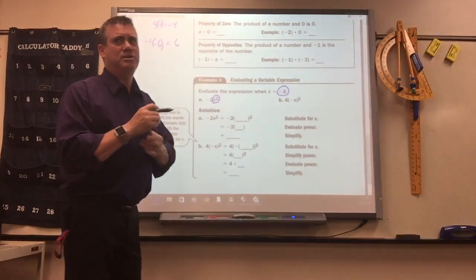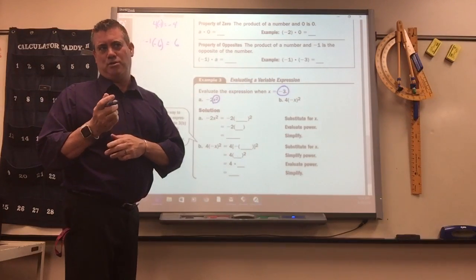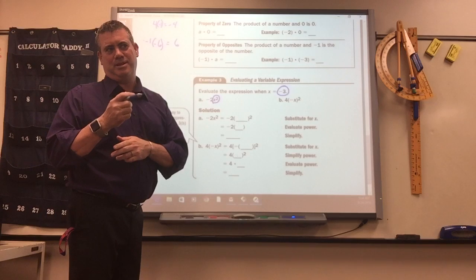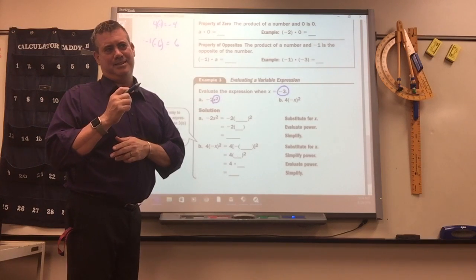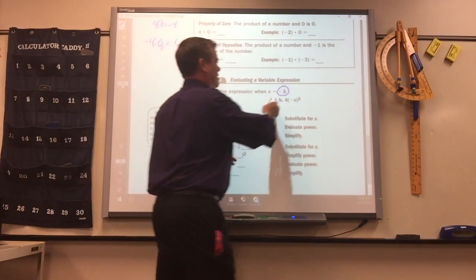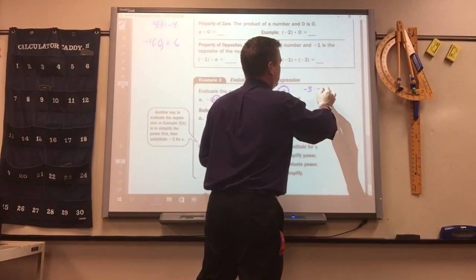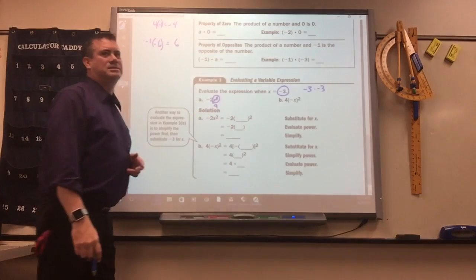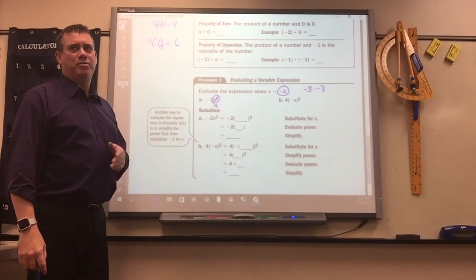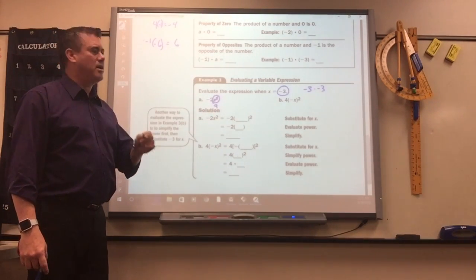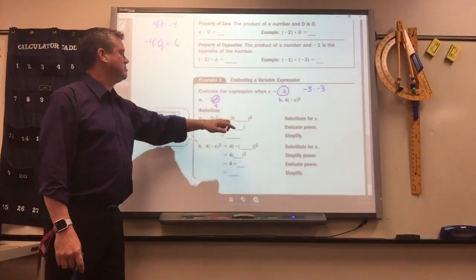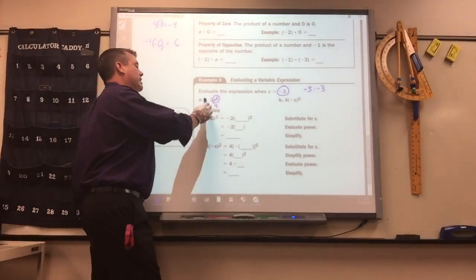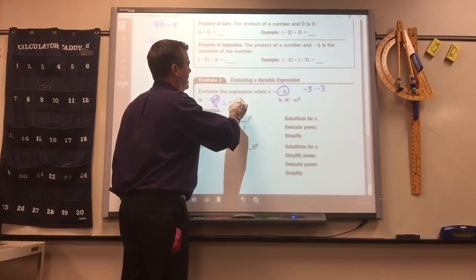So what's negative 3 squared? Negative 3 squared means negative 3 times negative 3. Positive 9. So those you might want to do in your head when they're small like that, or at least use a calculator and then figure out what the sign is. And then a negative 2 times 9 is negative 18.